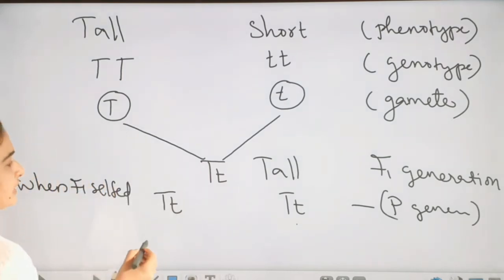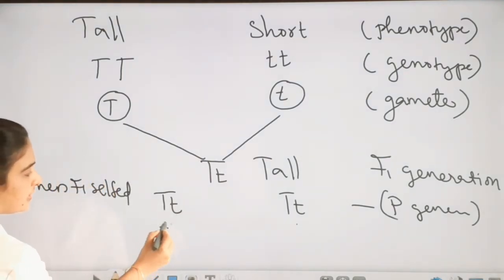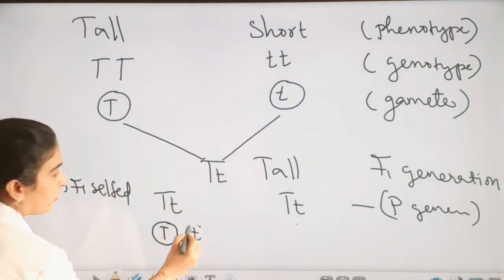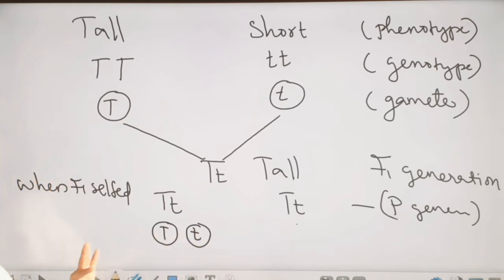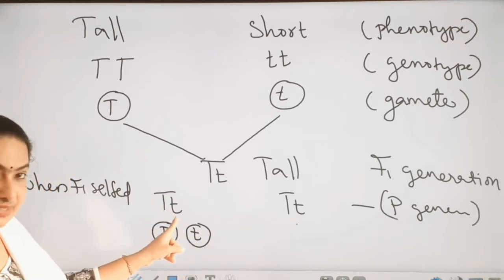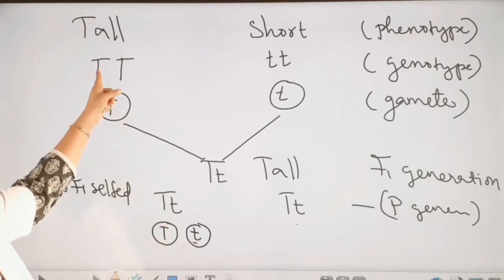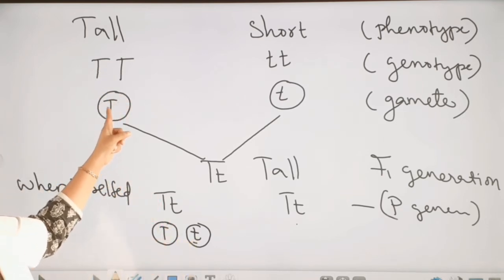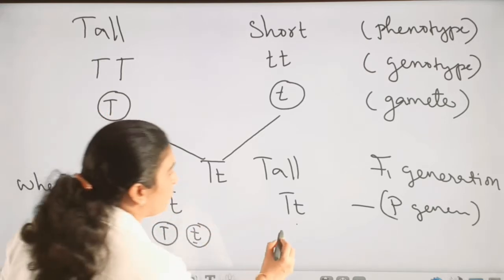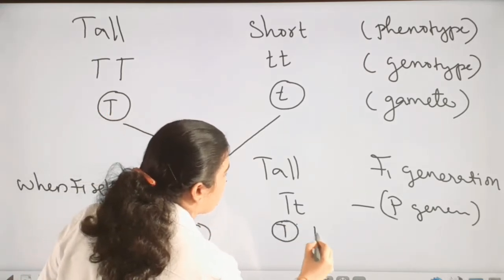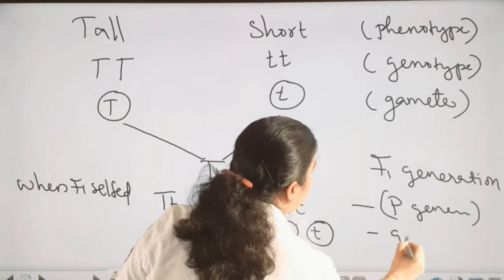Tell me the gametes: capital T, small t. That means due to heterozygosity, they produce two types of gametes. Is it clear? Here also, two types of gametes. These are the gametes.